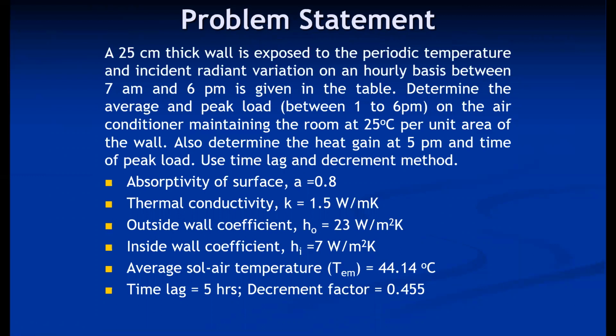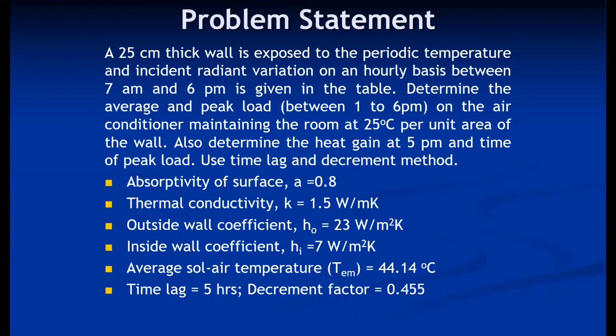A 25 centimeter thick wall is considered, exposed to the periodic temperature and incident radiation variation on an hourly basis between 7 a.m. and 6 p.m., as given in the table. In the table, the values of outside air temperature and intensities on an hourly basis are given.